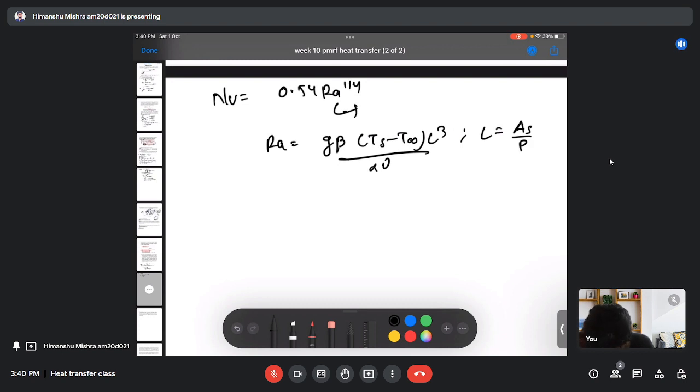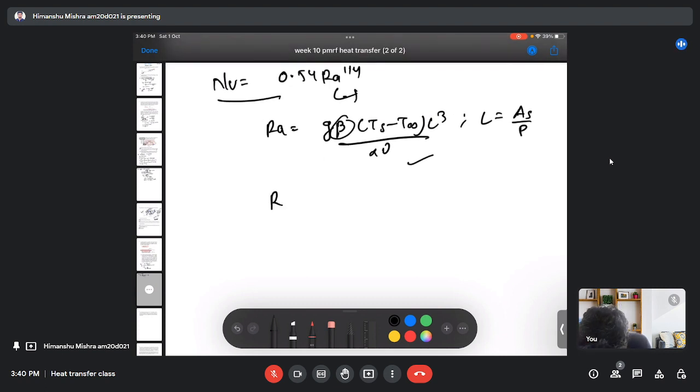We have actually solved such questions in the last few weeks, where we need to calculate the thermal expansion coefficient and then the Grashof number or the Rayleigh number. From the Grashof and Rayleigh number, we can calculate the Nusselt number, which is given by some correlation depending upon the nature of flow. And from the Nusselt number, we can easily find the heat transfer coefficient.